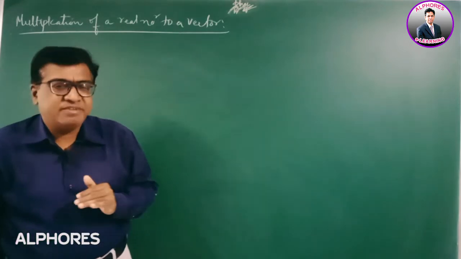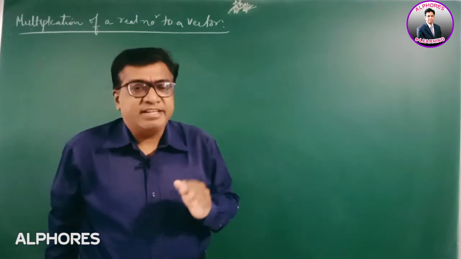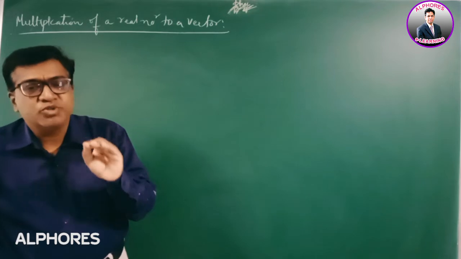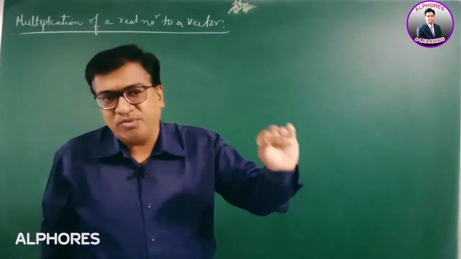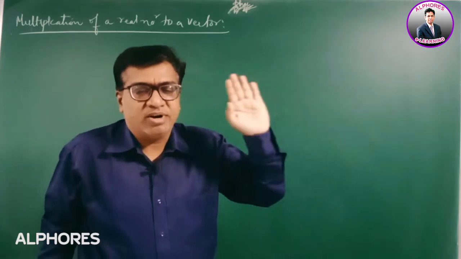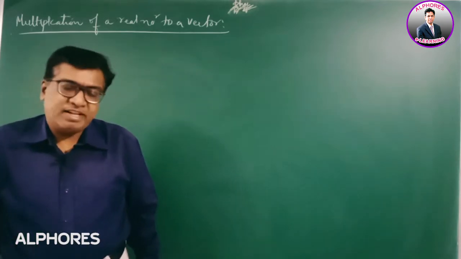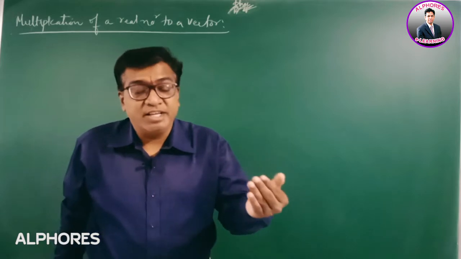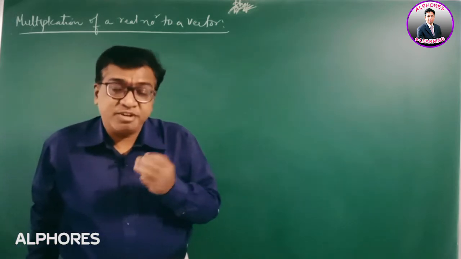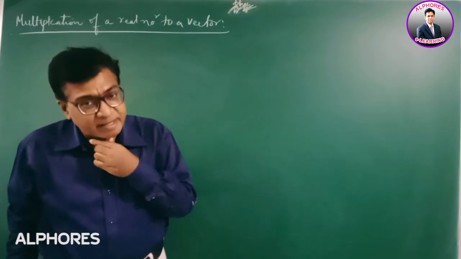In the previous session we have taken the laws of vector addition, right? Commutative law, associative law, distributive law. The vectors must obey the laws of vector addition. Only then is any physical quantity which obeys these laws called a vector. Later we represented a vector by three methods of representation. Then types of vectors.